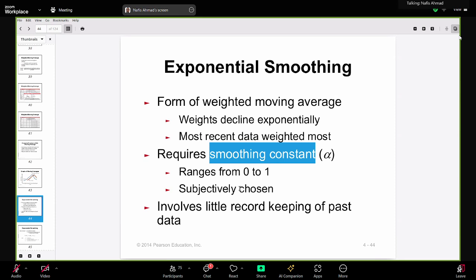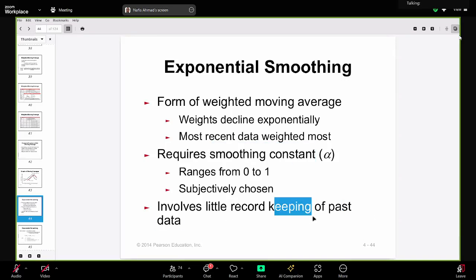Say, for example, what is the value of alpha in case of sales of computers or laptops in Bangladesh? If we know the value of alpha from previous historical information, we can easily forecast the future. It involves little record keeping of the past data.